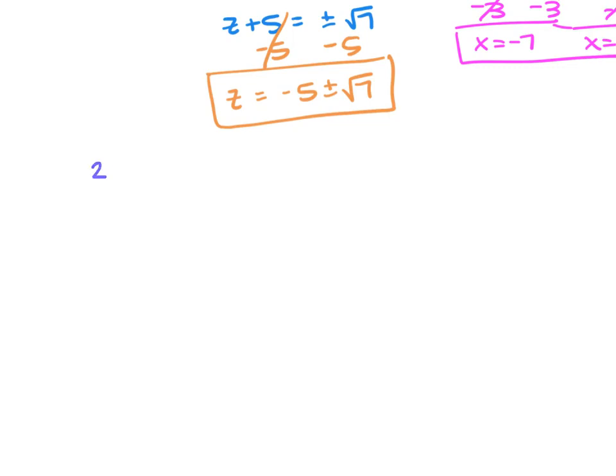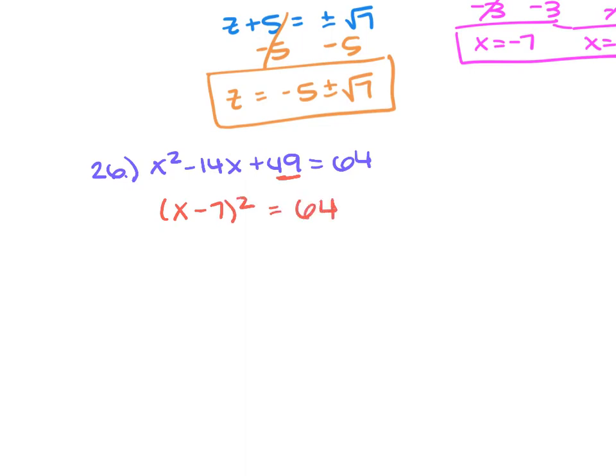For 26, we are given x squared minus 14x plus 49 is equal to 64. So we're going to factor this. The factors of 49 that add up to be -14 are -7 and -7. So it's going to be x minus 7 squared is equal to 64. We take the square root of both sides.